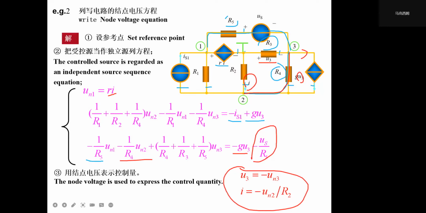So if you don't remember any of this, you can still list the KCL and KVL equations from the very beginning. You can still use other tricks to solve the problems, but it's probably not going to be that efficient. But it will still do the job, right?